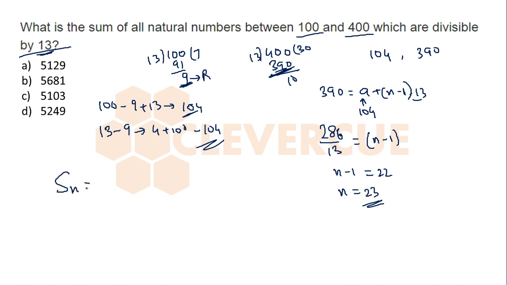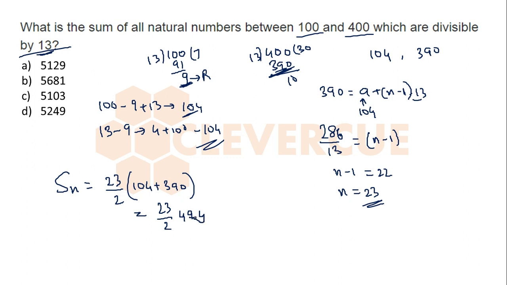Now the sum of n terms will be equal to n by 2, that is 23 by 2, into the first number plus the last number, 104 plus 390, which is 494. So 23 by 2 into 494.